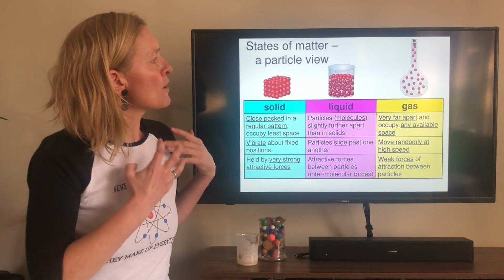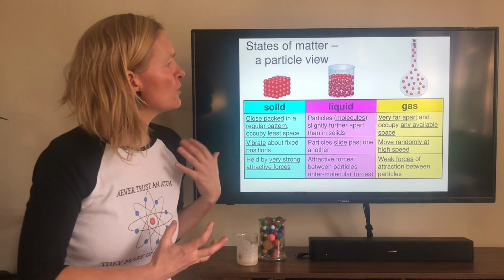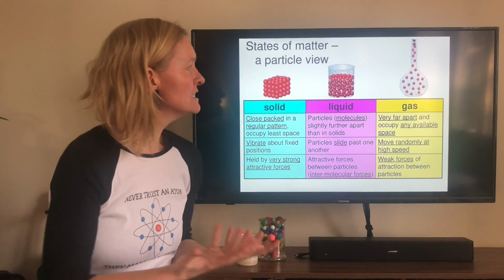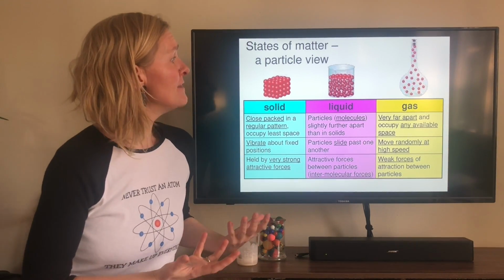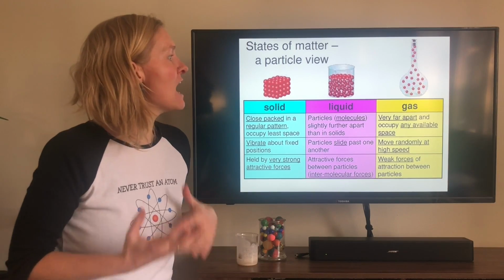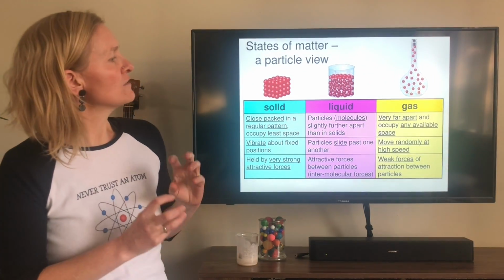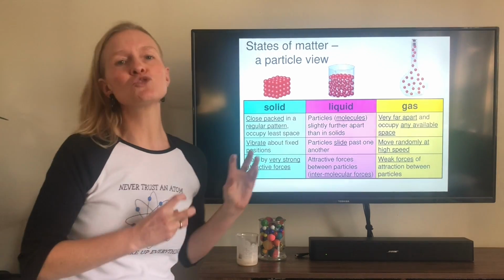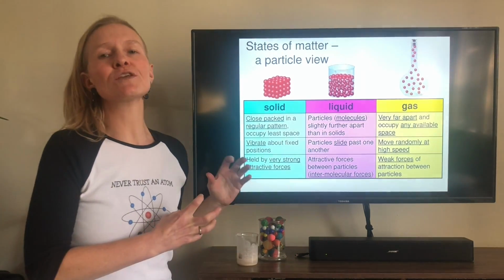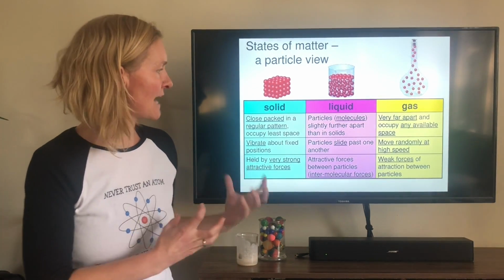And in gases, the molecules are very far apart and will occupy any space available, and they will move randomly at a high speed. And there is a weak force of attraction between the atoms or the molecules in a gas.